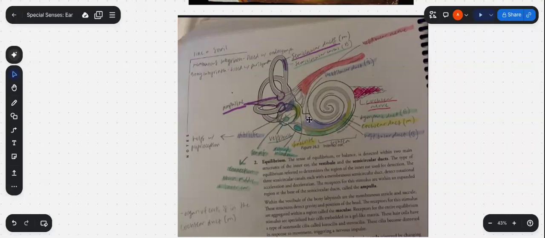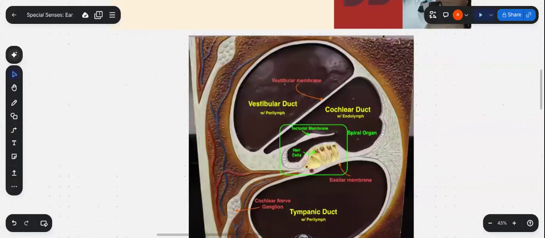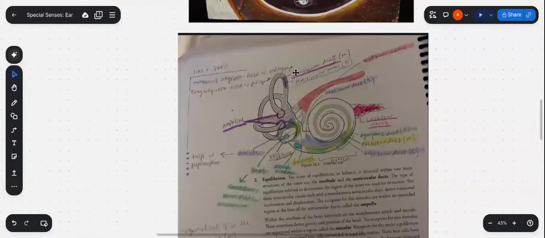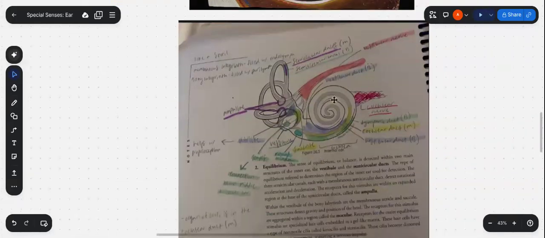Now going into the spiral organ, aka the cochlea, you start off with the vestibular duct. If you remember the vestibular duct from up at the top, that is what this is showing in this spiral portion over here. This blue color on the most inside is your vestibular duct. Again, it is bony labyrinth. Then in yellow, you have your cochlear duct in the center.